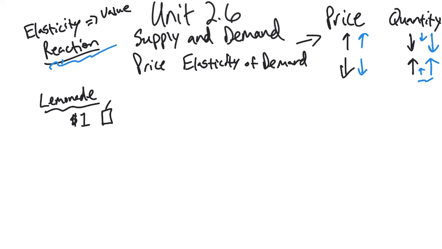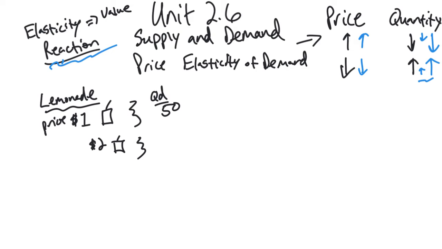If lemonade is priced at $1, the quantity demanded at this price might be 50 people. If the price of lemonade moves up to, let's say, $2 for each cup, we know that the quantity demanded is going to fall. Let's say it falls to 45.